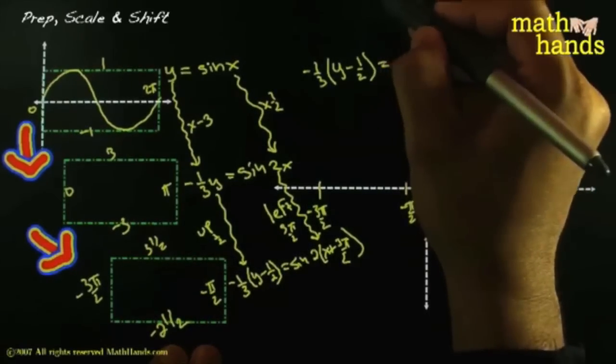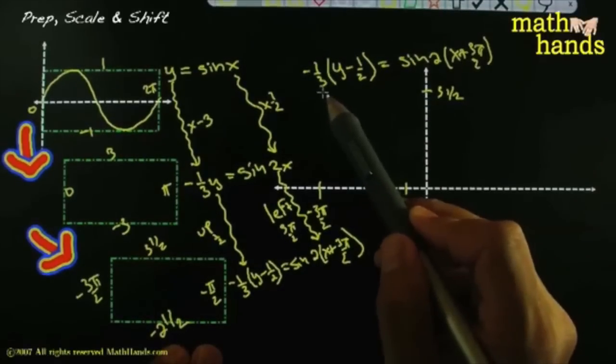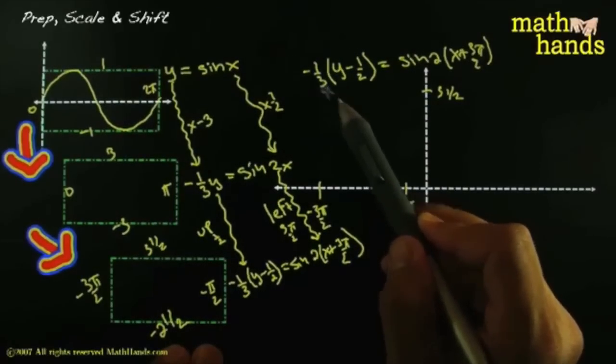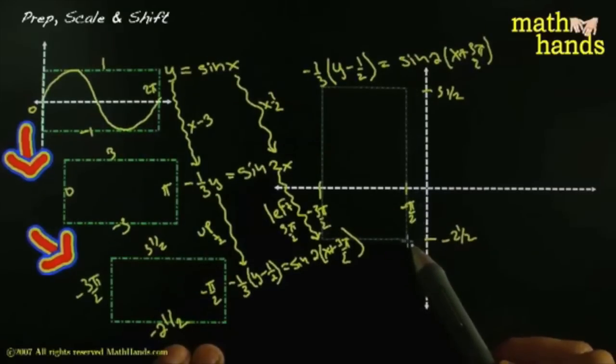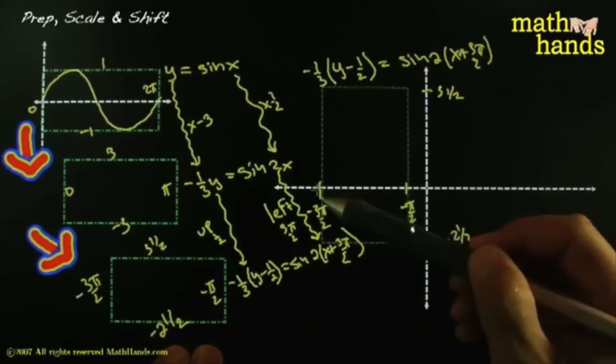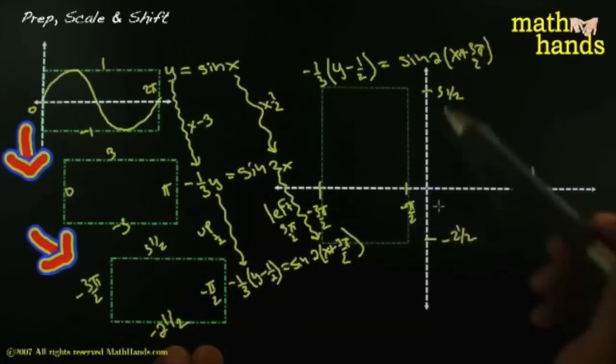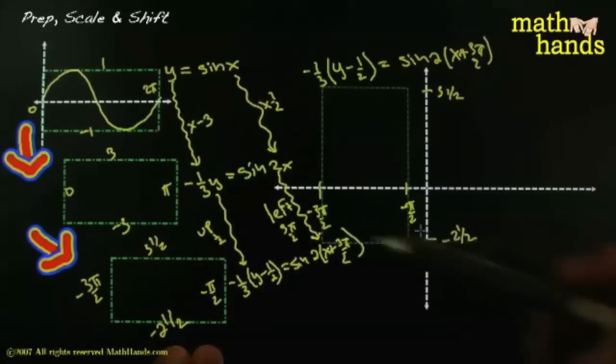I'll make my box there as nicely as possible. Let me think. The box has to go right around here. From negative 3 pi over 2 to negative pi over 2, and from 3.5 to negative 2.5.